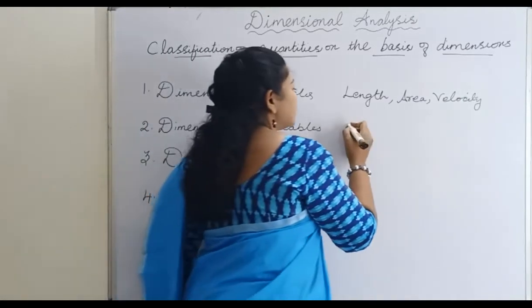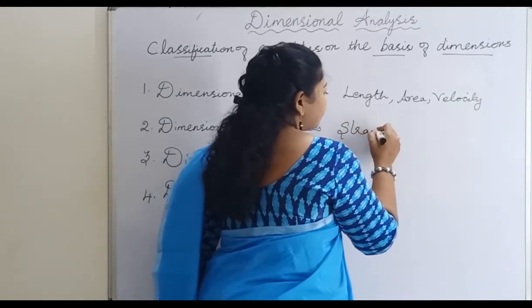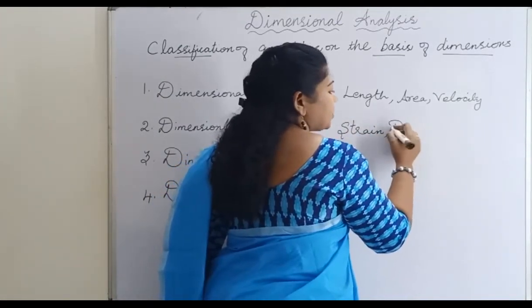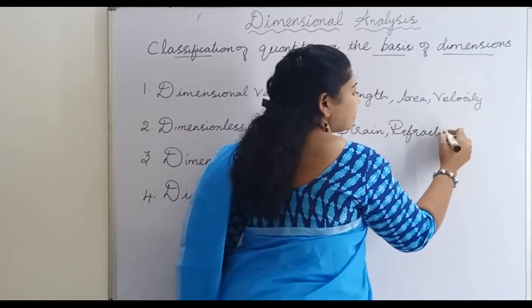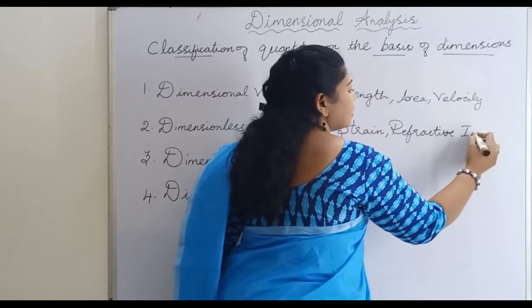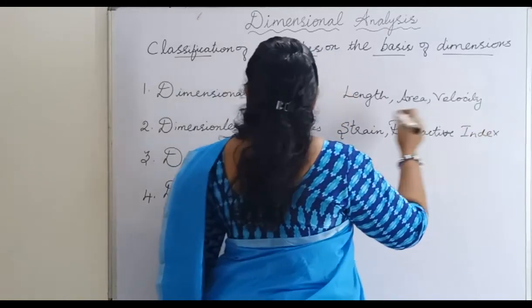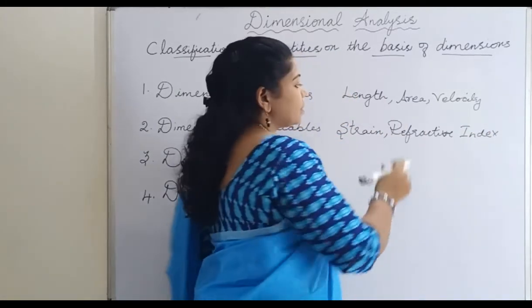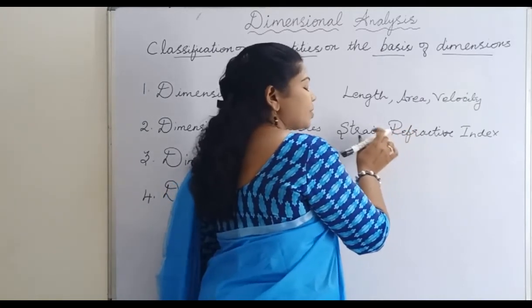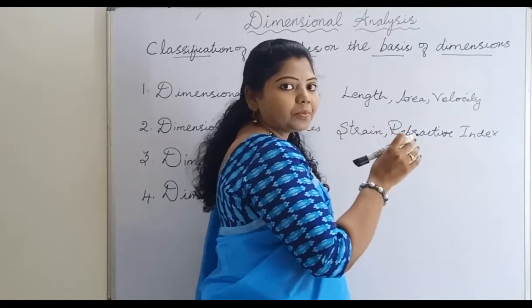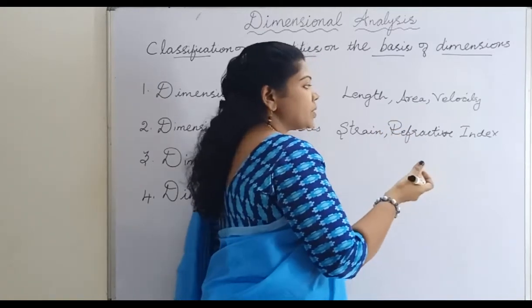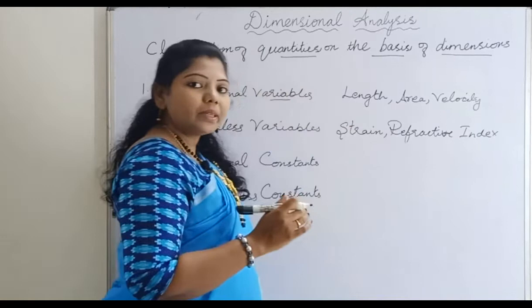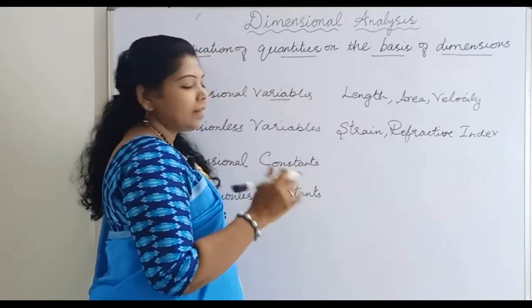For example, strain and refractive index are examples of dimensionless variables. They have some value but they don't have any dimension because they don't have any unit.